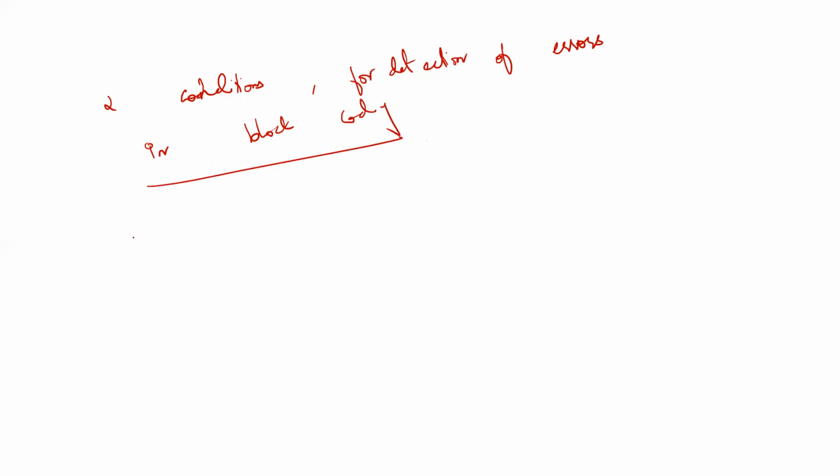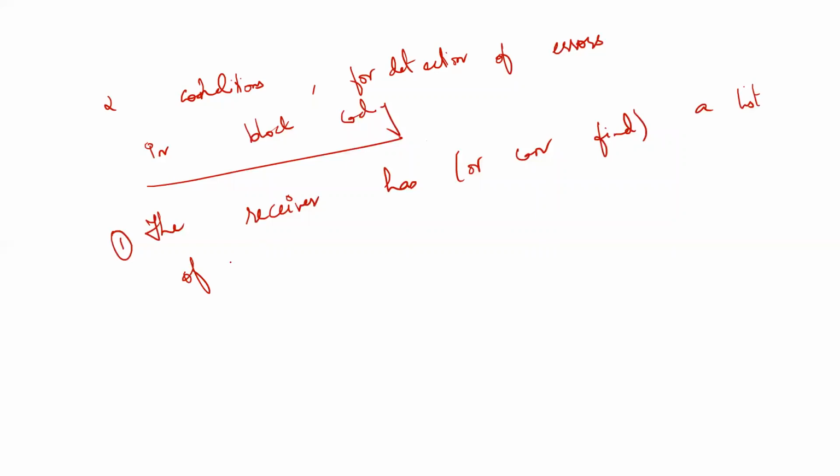The first is that the receiver has, or can find, a list of valid code words.